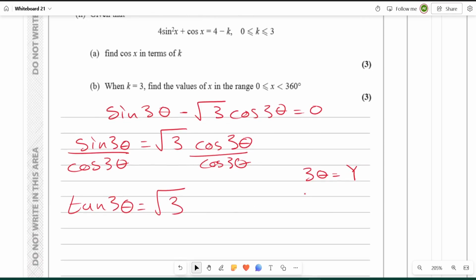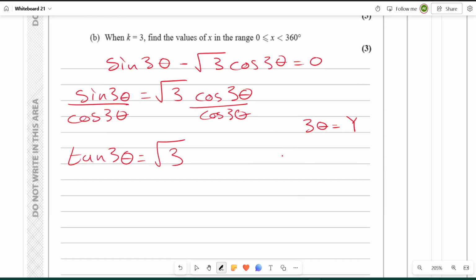From 0 to pi, this is our original range. If I want 3 theta, I need to multiply by 3 on both sides. This is going to be 0 as well, and this is going to be 3 pi. So this is my new range.